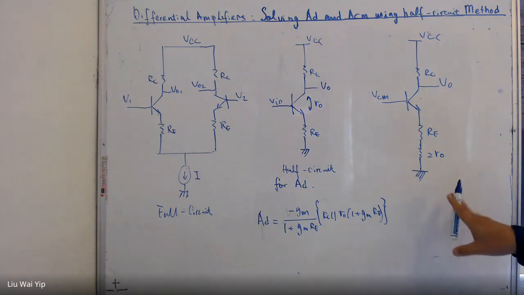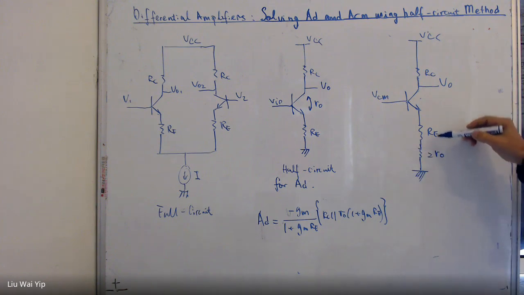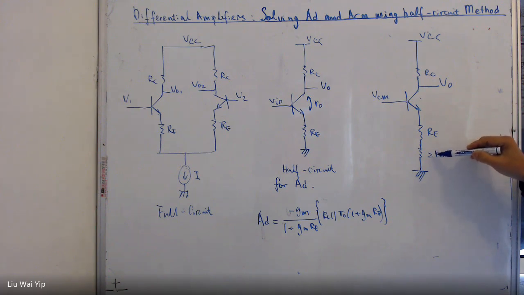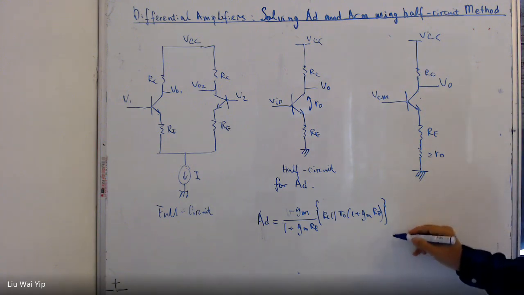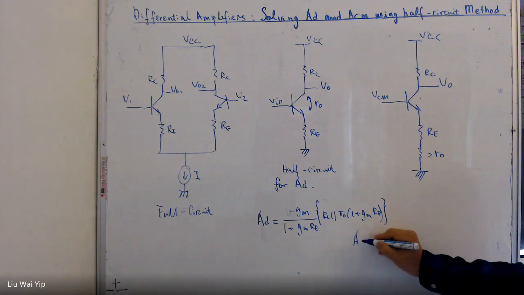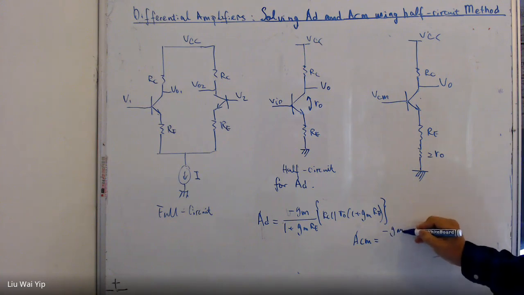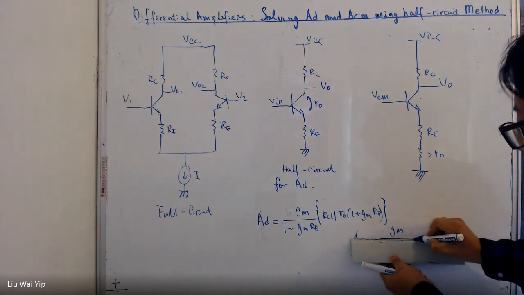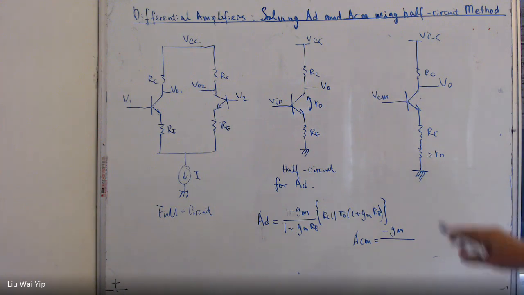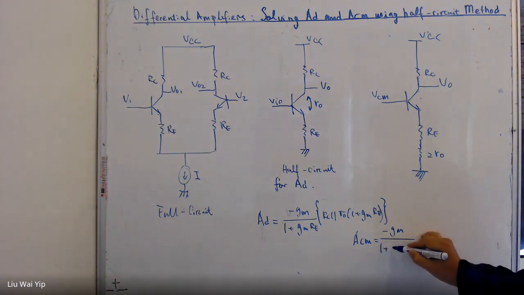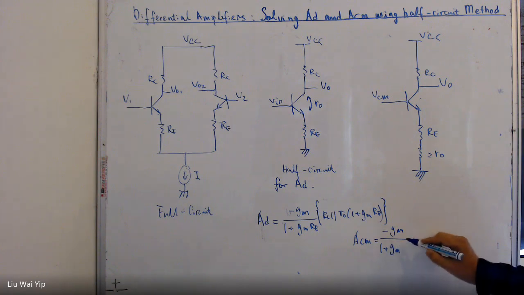And for this one, it is very similar. The only difference is the tail resistance has an additional 2R0. So for ACM, it is based on a similar formula. 1 plus gm, and RE plus 2R0.